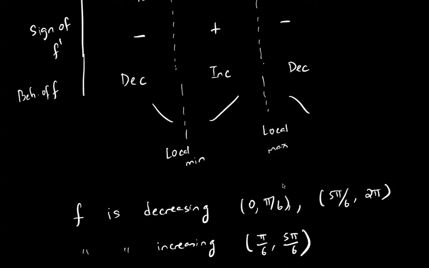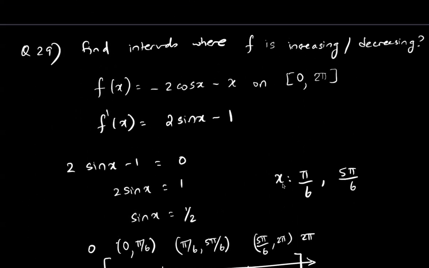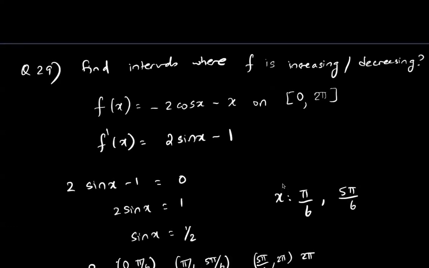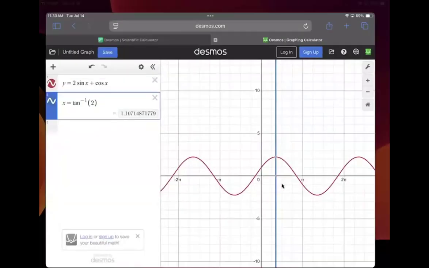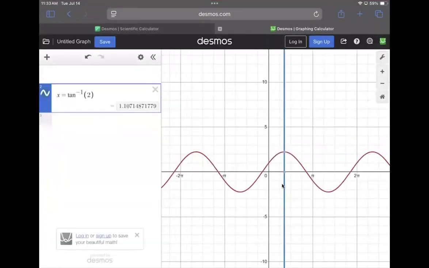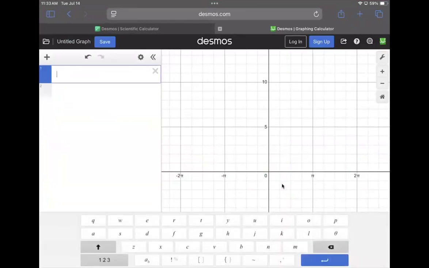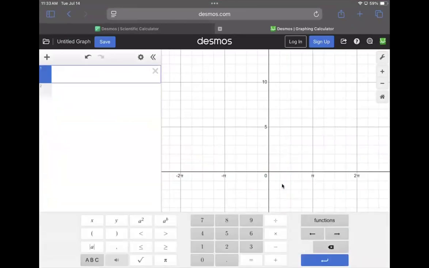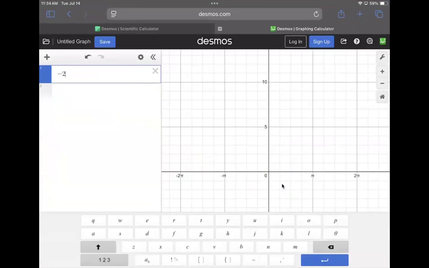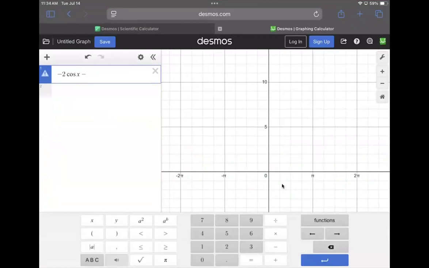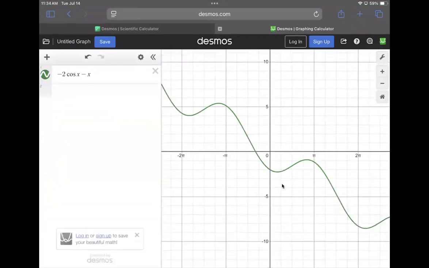You can always check this with a graph. So the original function is negative 2 cosine x minus x. If you look at this, our interval was 0 to 2 pi, correct?